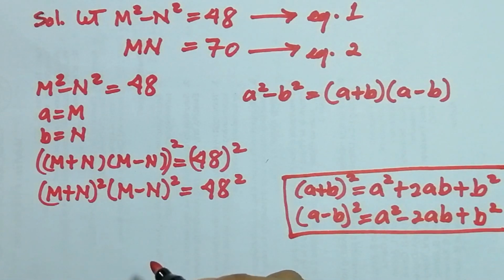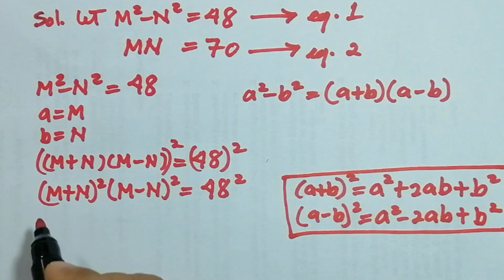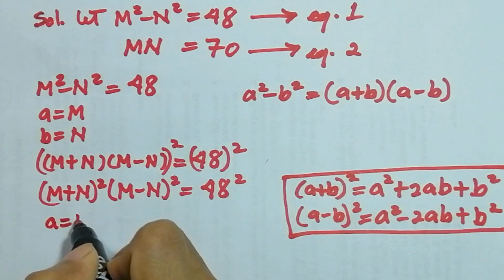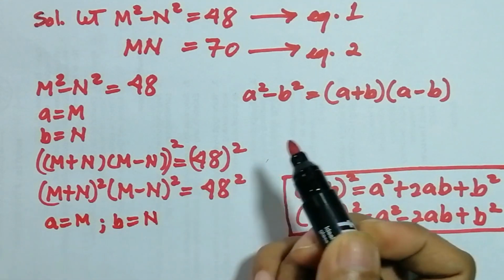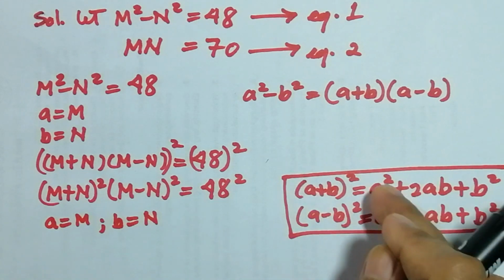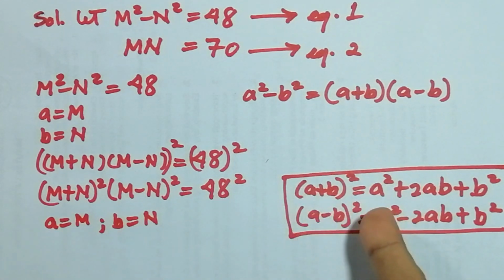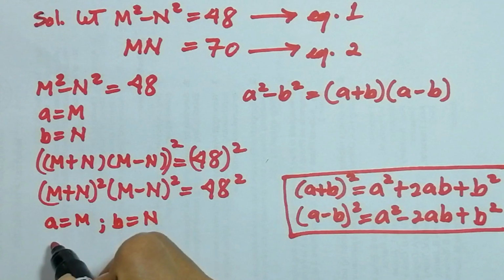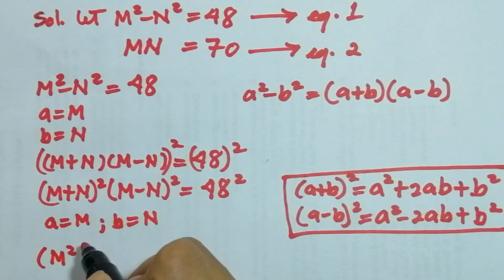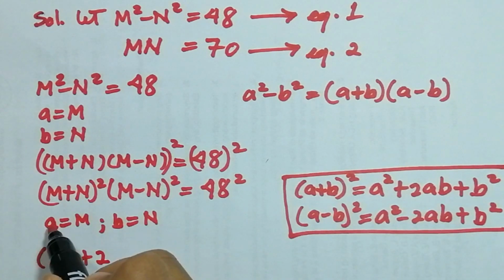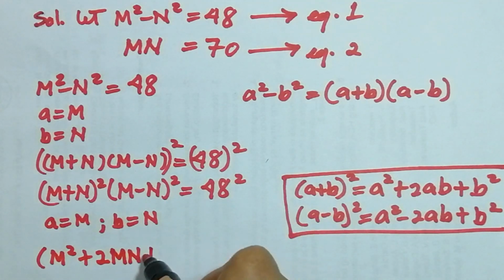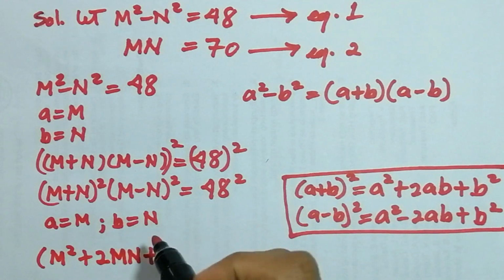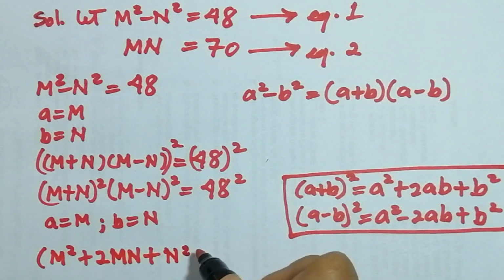And now let's begin with (m plus n) squared. Our a here is m and b is equal to n. Okay, now we use this one. Our a is m, so we're going to write m squared plus 2ab, a b is mn, plus b squared, n squared.